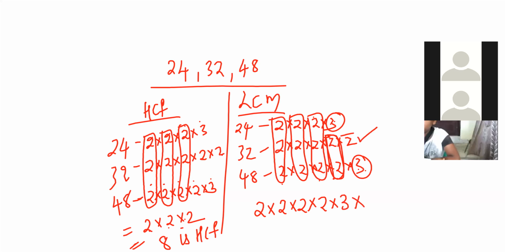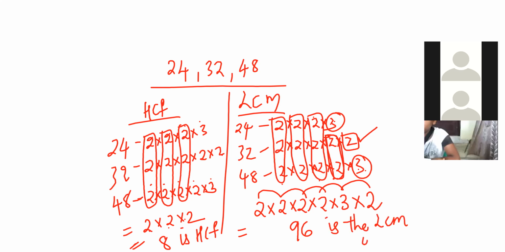These two remain, and you take that also for multiplication. Now you multiply all the numbers here. 2 twos are 4, 4 twos are 8, 8 twos are 16, 16 threes are 48. 48 twos are how much? It will be 96. 96 is the LCM of what? 24, 32 and 48. Got it, children?